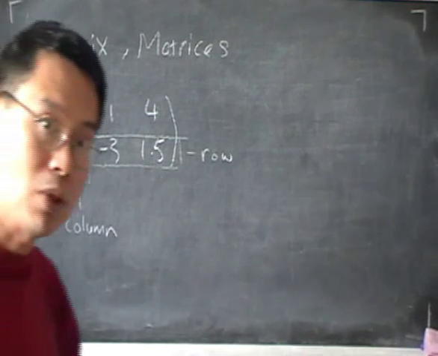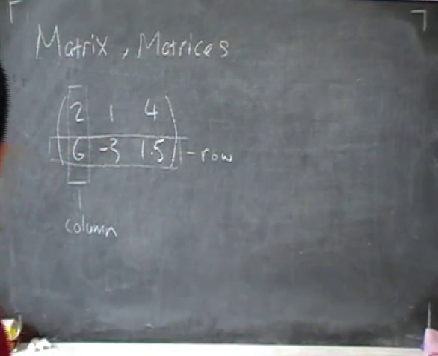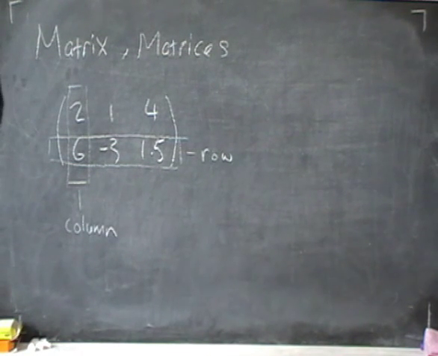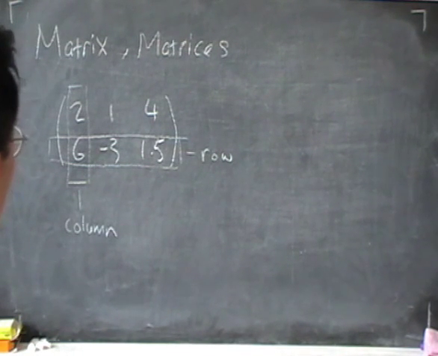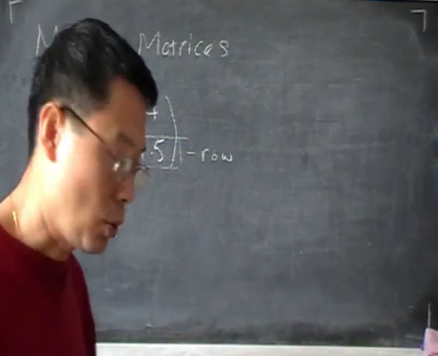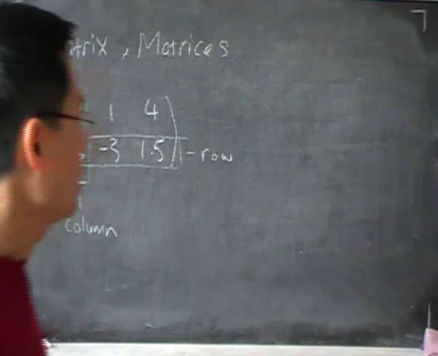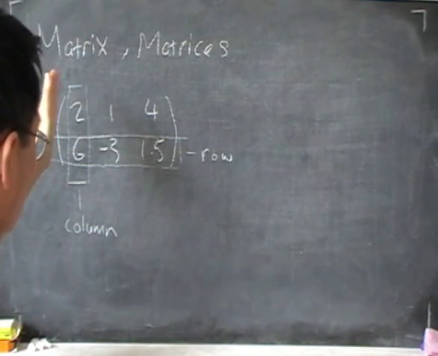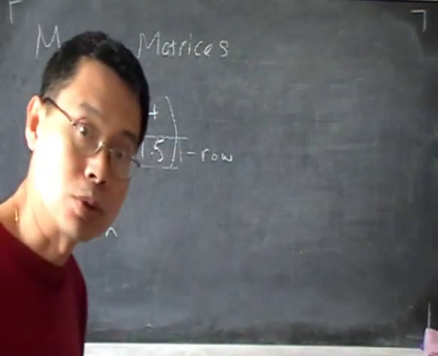Now you can have any number of columns and rows, and the kind of matrix that we will look at most often at O level are matrices that have 2 columns and 2 rows.